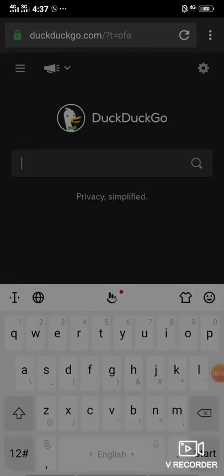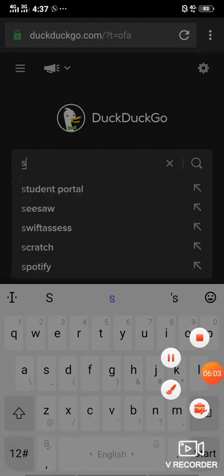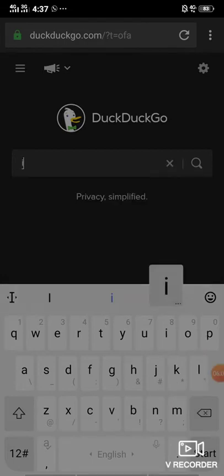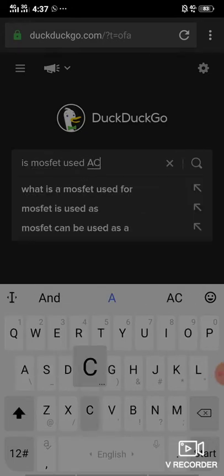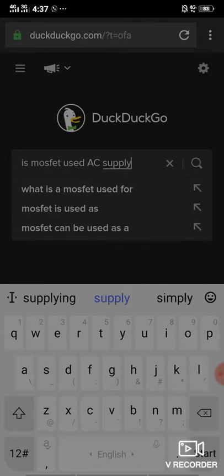Now we search, is MOSFET used in AC supply.